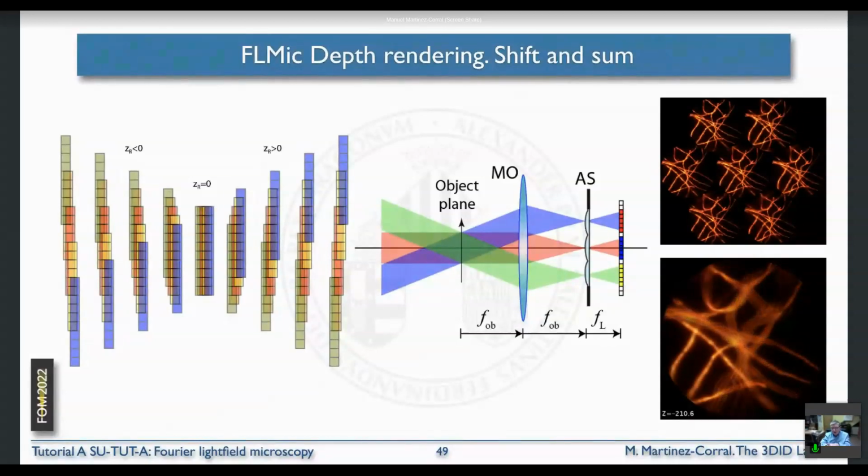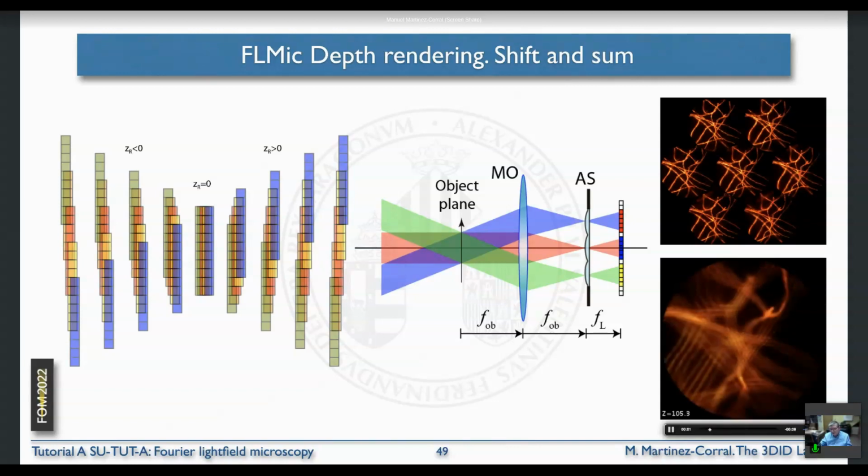And if you separate in a different direction, then you are reconstructing here. In this case, there is a linear relation between the number of pixels of displacement, of shifting, and the distance of the rendering plane from the object plane. So you can see that you can reconstruct very easily at different depths.